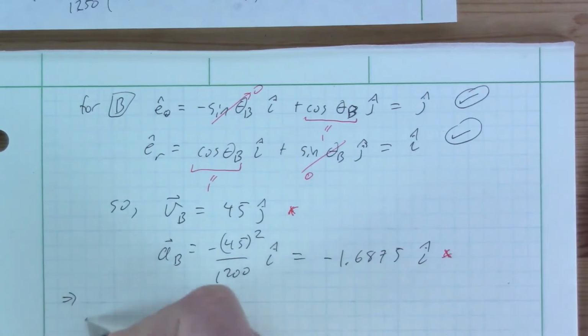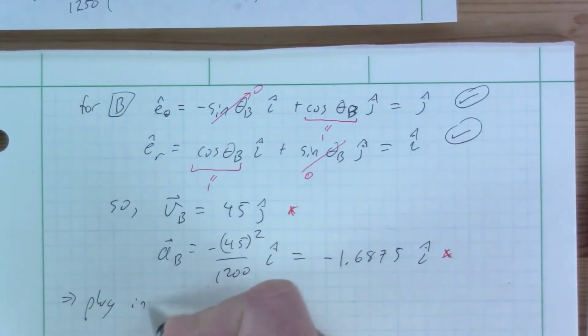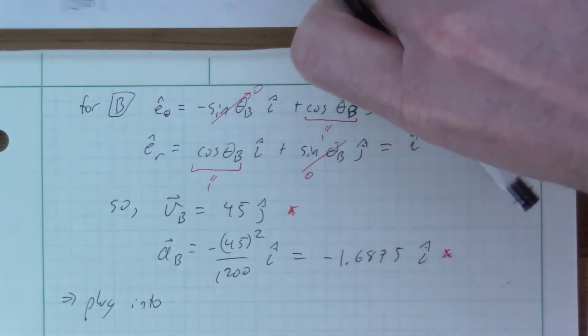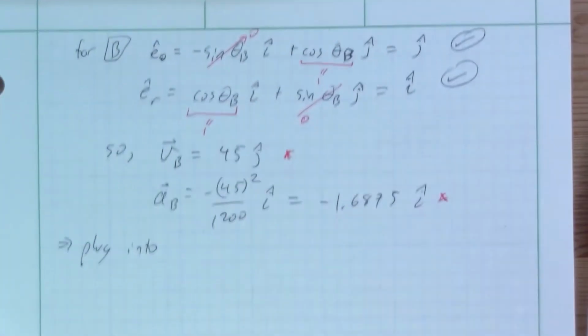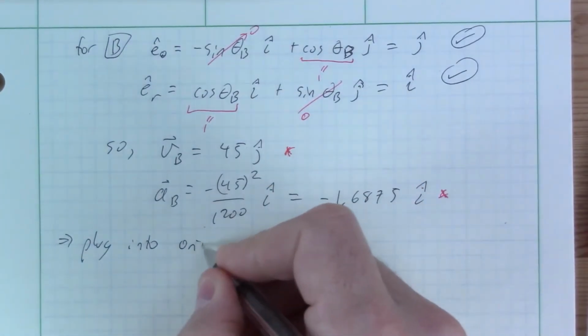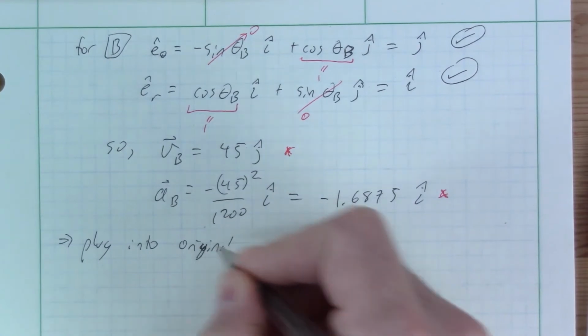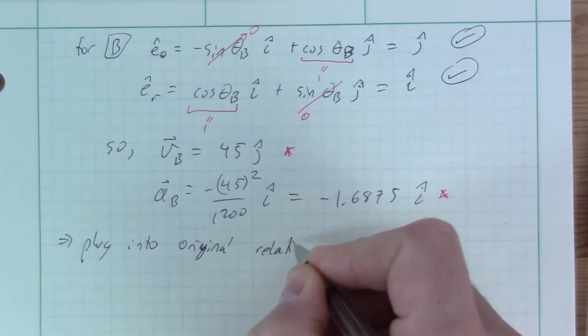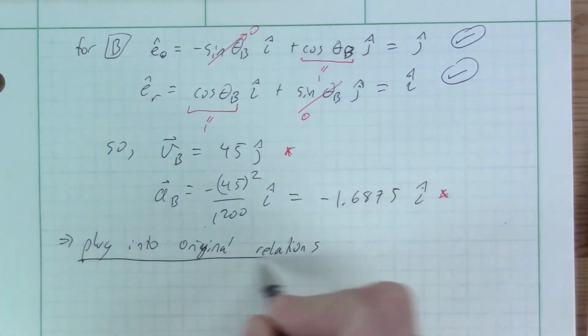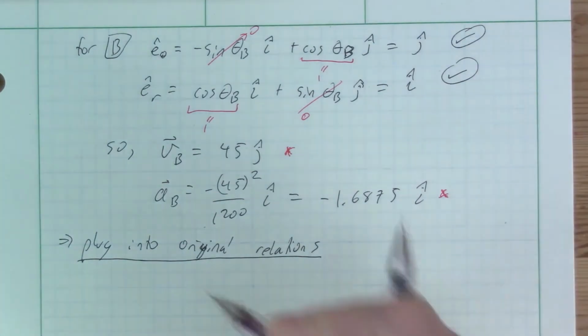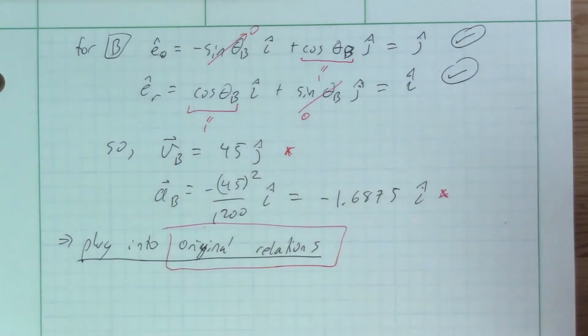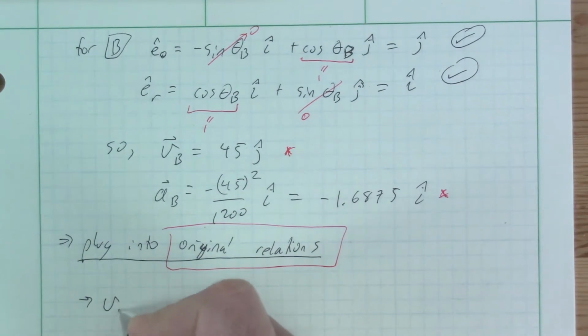Okay. Plug into the original relations. It's that square box, those that I just highlighted.